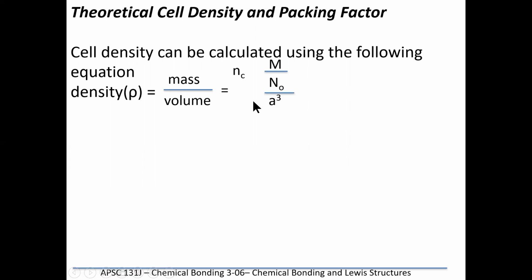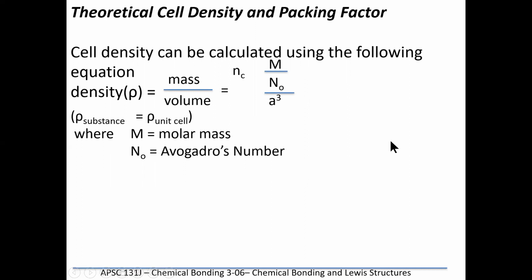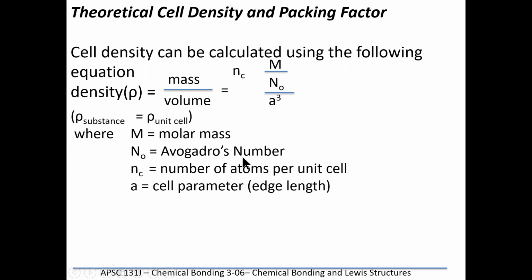And the volume, of course, we talked about how the dimension that we're looking at for the cubic cell is A. So the density of the substance is equal to the density of the unit cell. Again, these are what these symbols mean: the molar mass, Avogadro's number, number of atoms per unit cell, and the cell parameter.